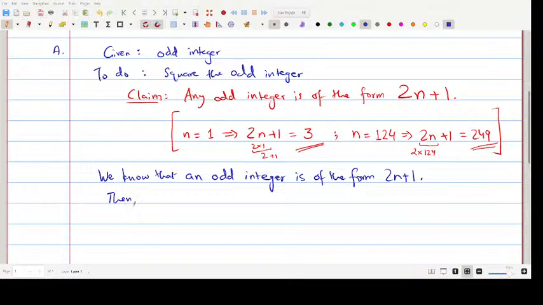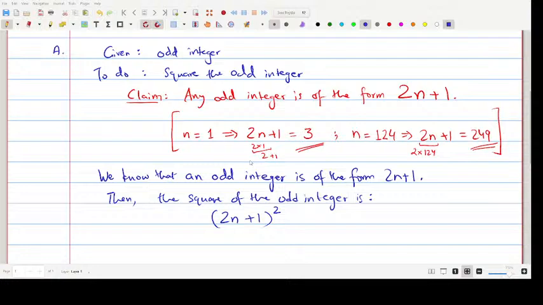Then the square of the integer, right? We'll square this odd integer, just like the thing that I had done in the red ink above. So the square of this odd integer is, let's write (2n plus 1) in a bracket and put the square on top of that.